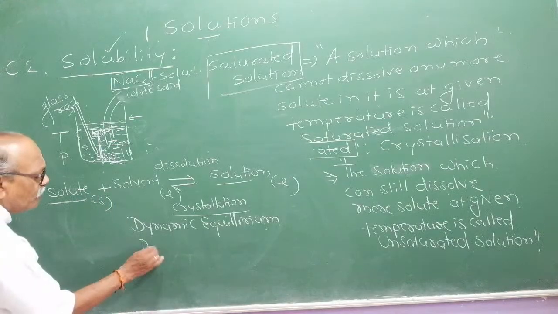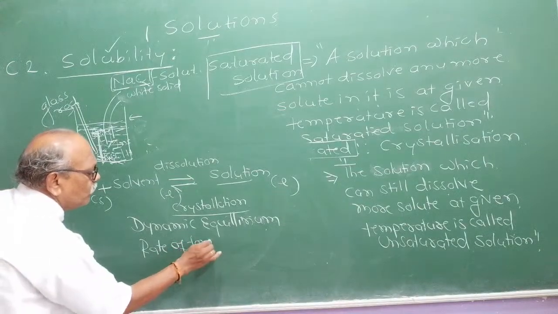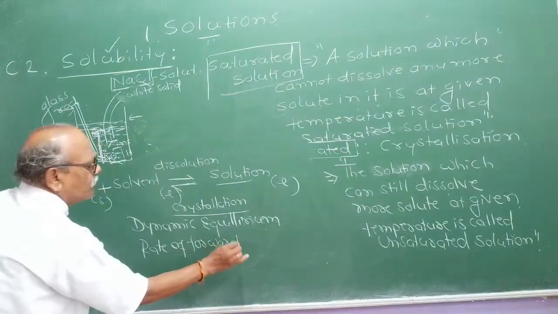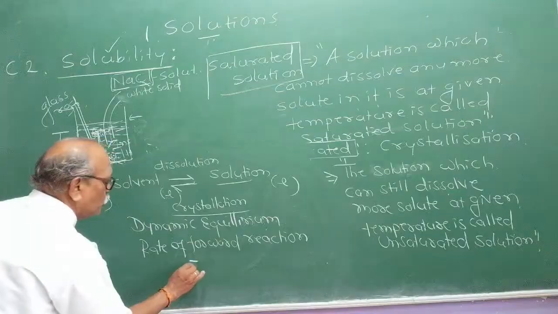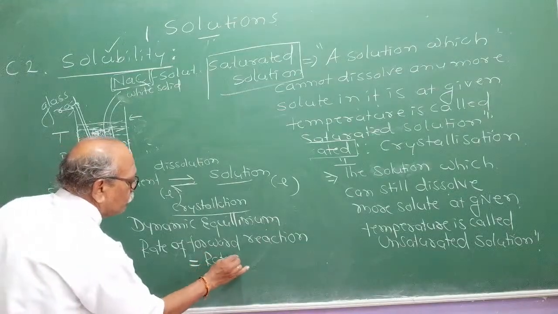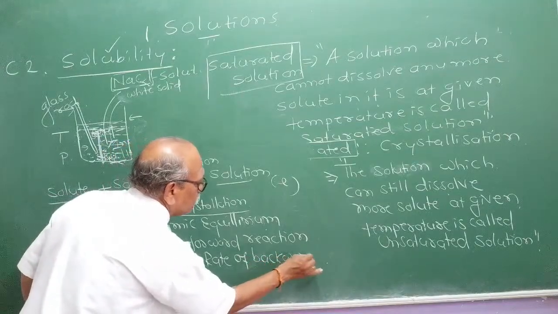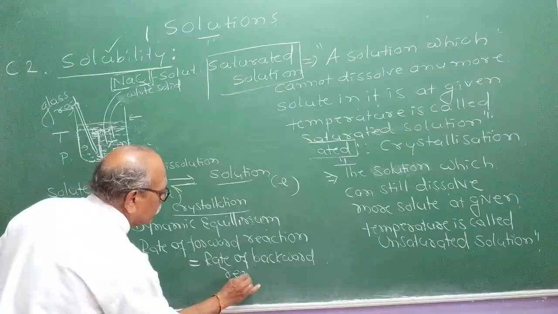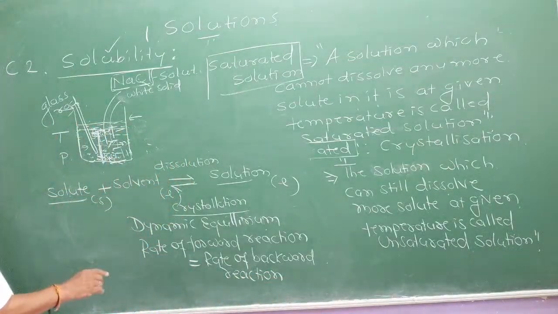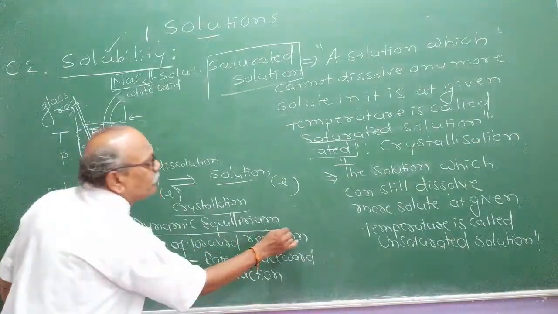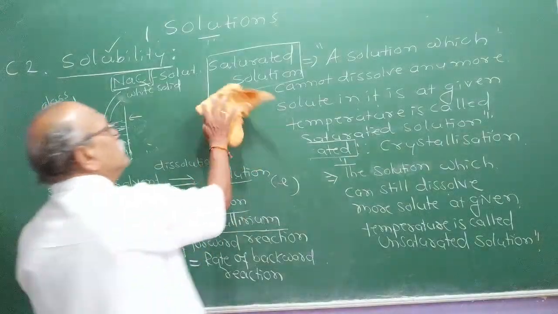That means the rate of forward reaction becomes equal to the rate of backward reaction. Then we say that the process has attained dynamic equilibrium, meaning both forward and backward reactions are taking place at the same rate.